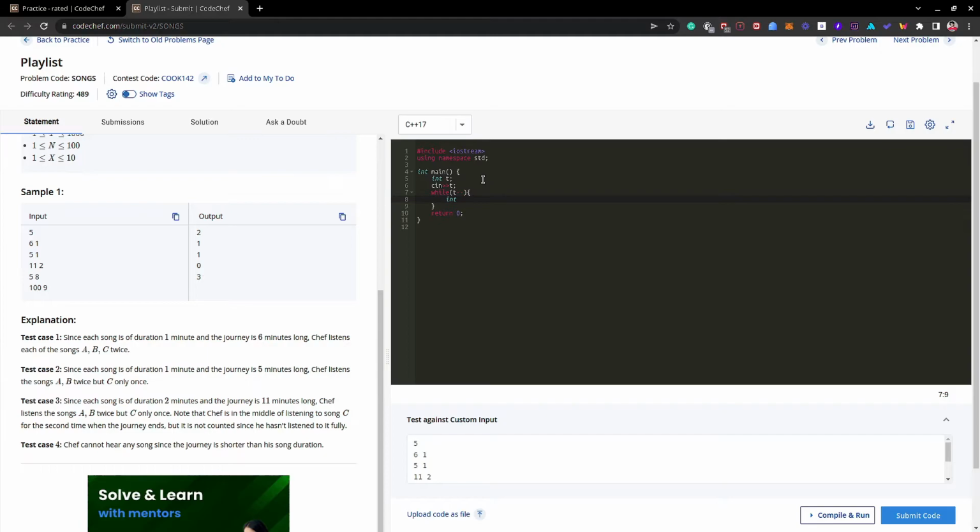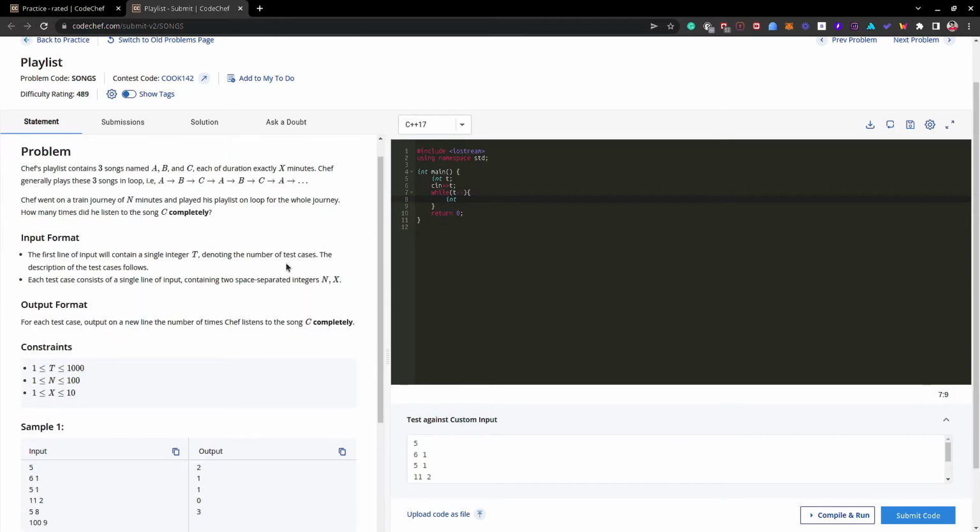We just have to take two inputs, right? So for that, these are n and x.